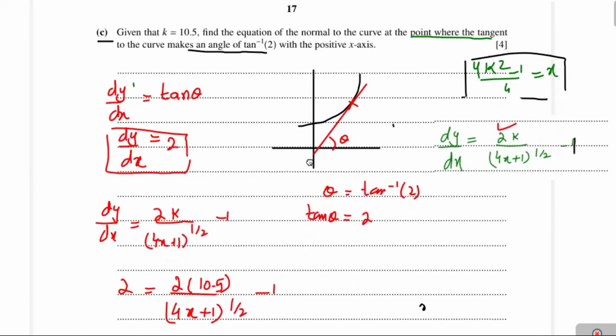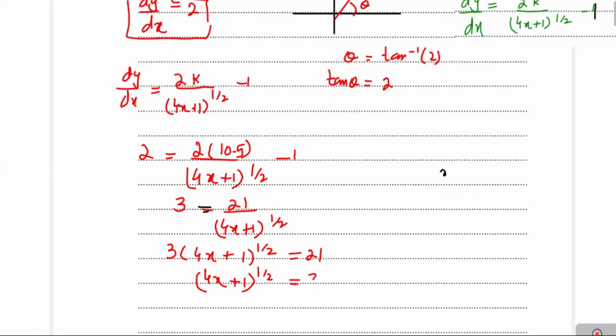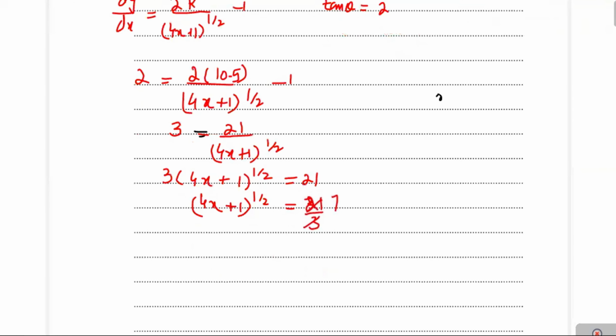To find this value, we simplify this equation. That's equal to 21 over (4x + 1) power 1 over 2 minus 1, shift from right to left side, that becomes 3. Now 3 into (4x + 1) power 1 over 2 equal to 21. Then (4x + 1) power 1 over 2 equal to 21 over 3, that's equal to 7.